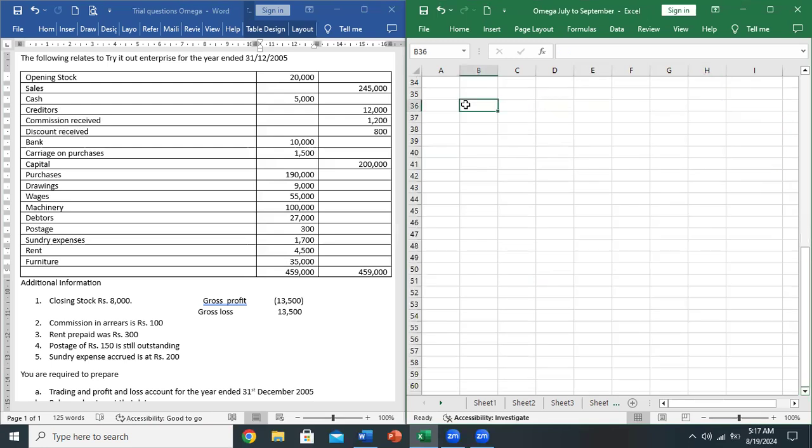So I'll keep on giving you questions. Please solve them. Don't worry about, oh, I've gotten it wrong or whatever. Submit. Let me go through. When we note your mistakes, we correct them. So let's look at the balance sheet as at 31st December 2005.